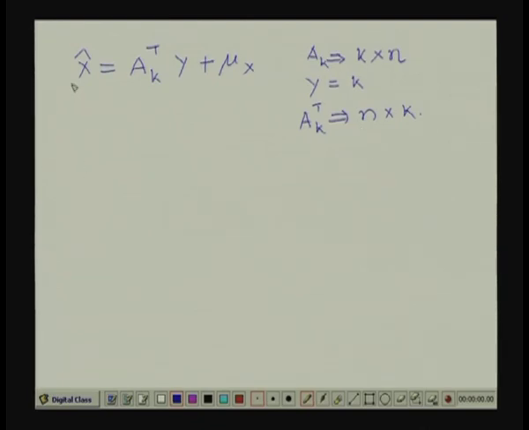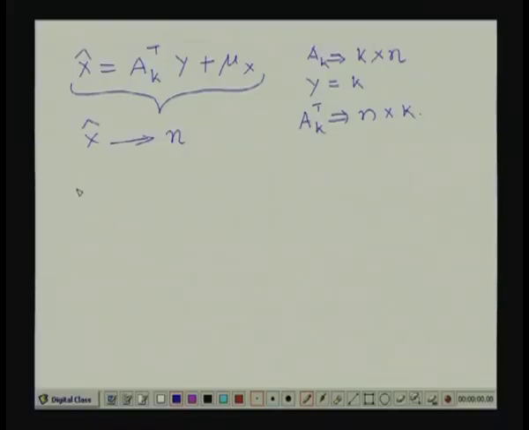So, this inverse transformation gives me the approximate reconstructed x, but the dimension of x hat, which is the approximation of x, is the same as x, which is of dimension n. So, by this inverse transformation, I get back a vector x hat of the same dimension as x, but it is not the exact value of x, it is an approximate value of x.